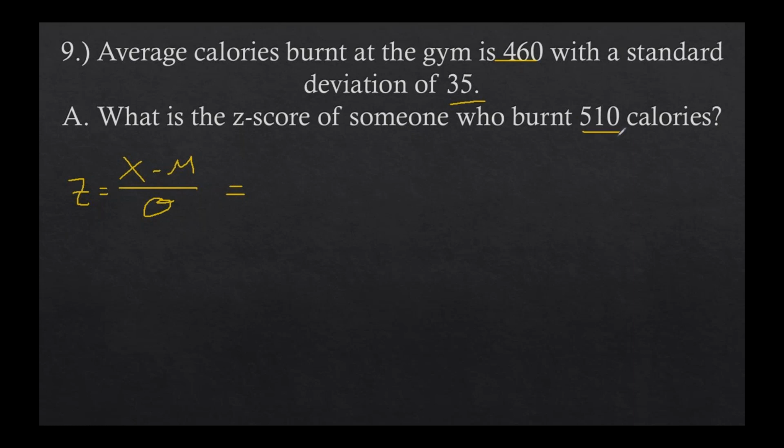What's going to come first in this formula? 510. Yep. If you can locate the mean and the standard deviation, the value is the other one. So 510, what am I subtracting? What's the mean? 460. And the standard deviation. 35.